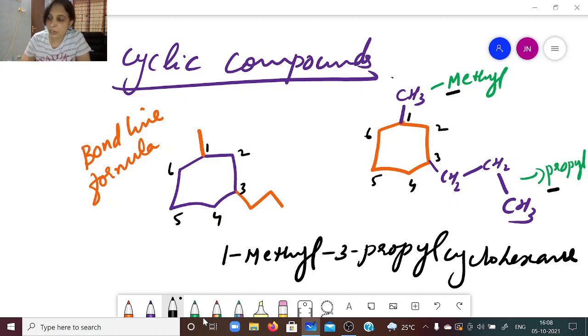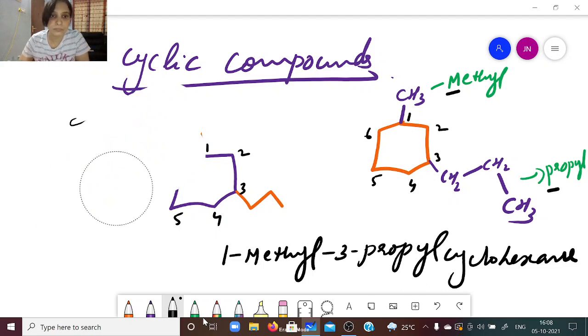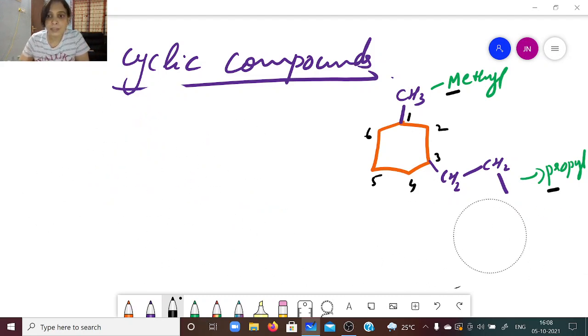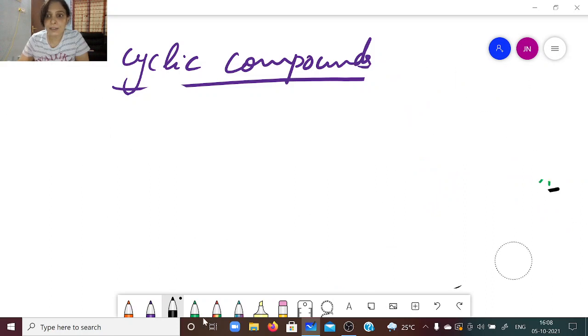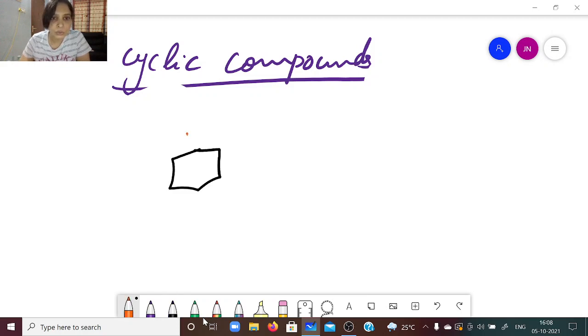Now, one more rule you have to study. That is, if more than one branches are coming in one carbon. For example, in this, two branches are there on this particular carbon, and on this particular carbon, one branch is there.